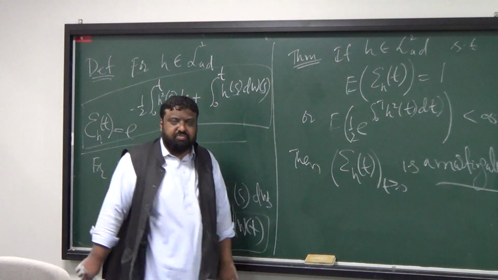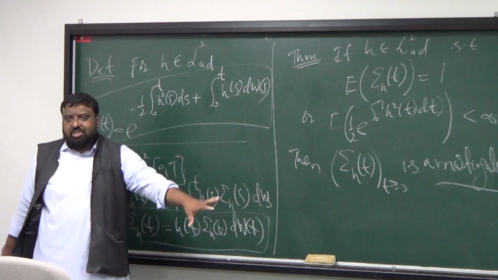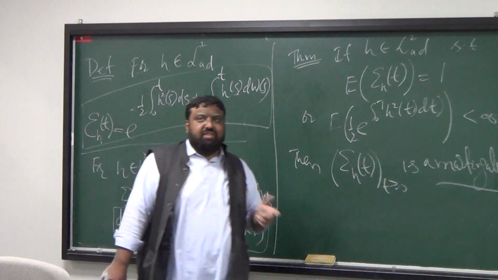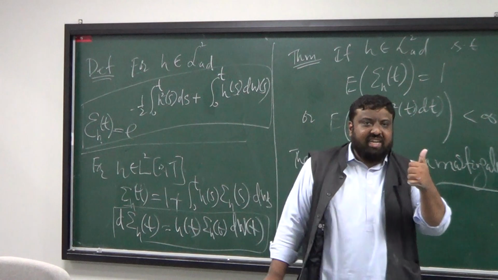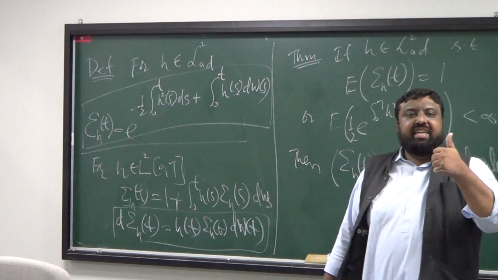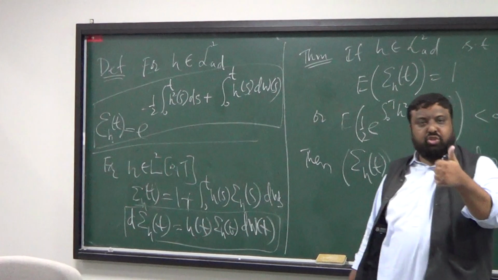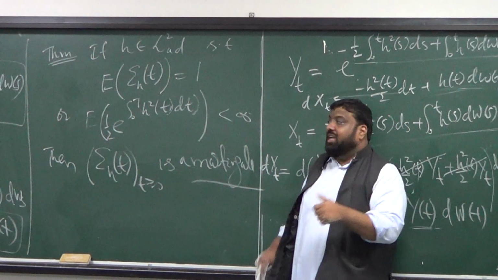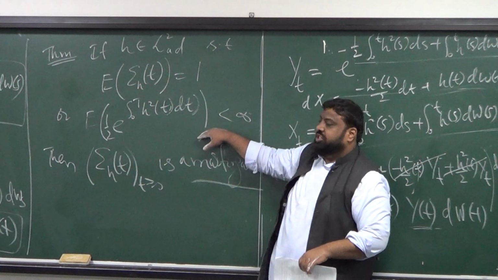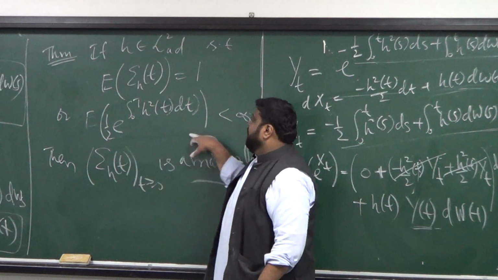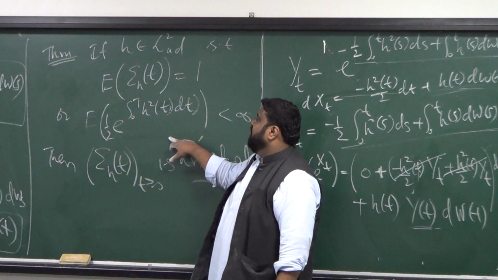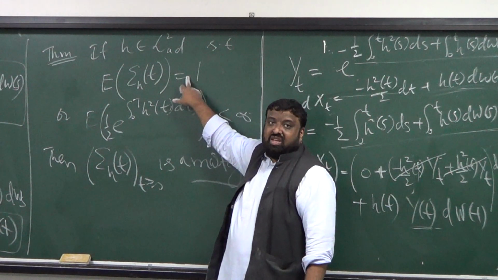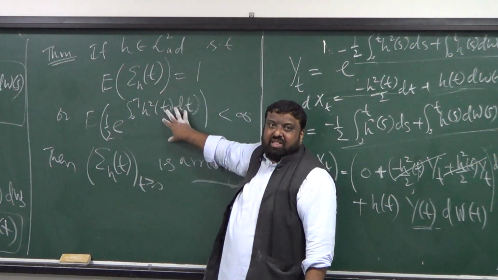So out of all this discussion, the key thing we have to keep in our head is that I can take an L2AD process and define an exponential process through it, and that exponential process is going to be a martingale if it satisfies one of the conditions. This condition is stronger. This one is weak, it's difficult to verify, while this is very easy to verify.